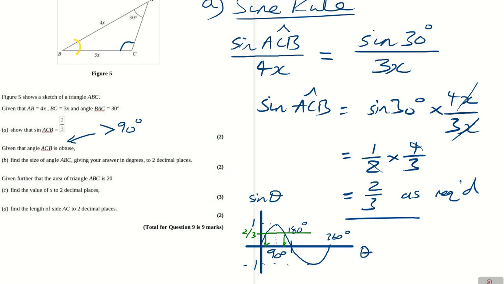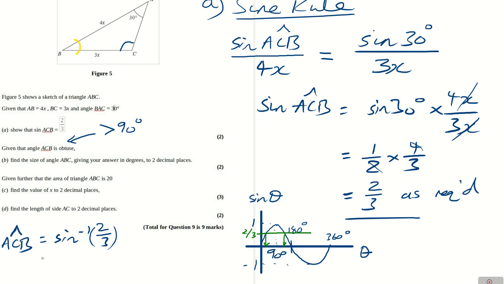So angle ACB, and remember, to get from the sine to the angle, we're going to have to use arc sine or inverse sine of 2/3. And remember that -1 there, it's not really the same as a power, it denotes an inverse function. So it's the function that tells us what the angle is if we are given what the sine of the angle is.